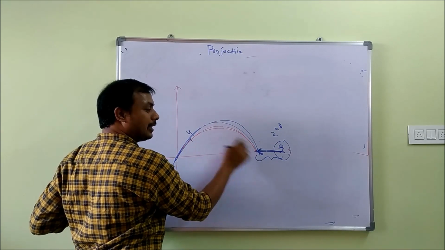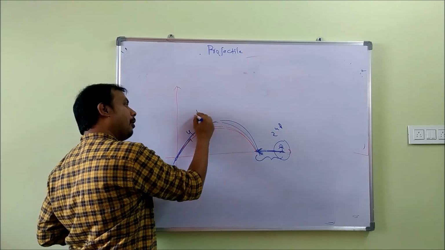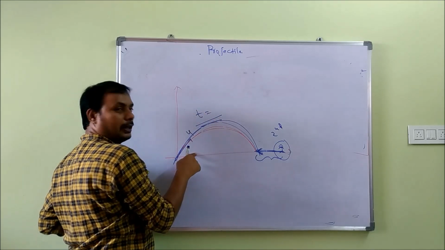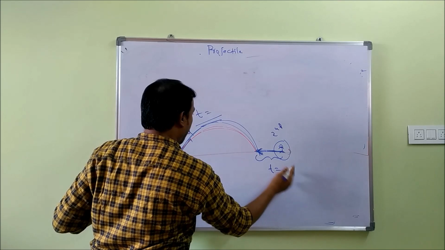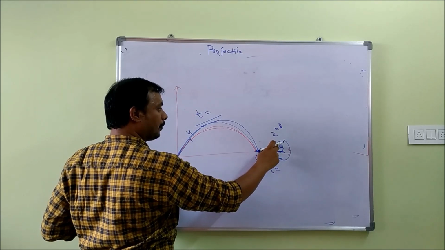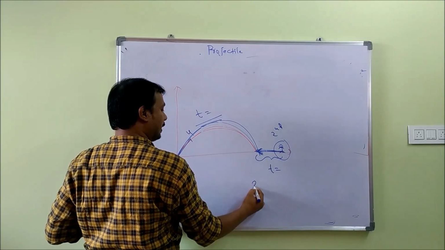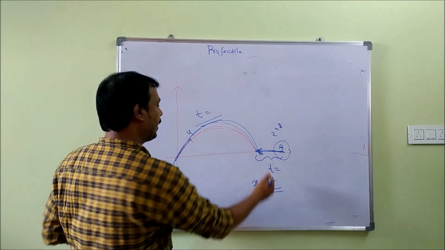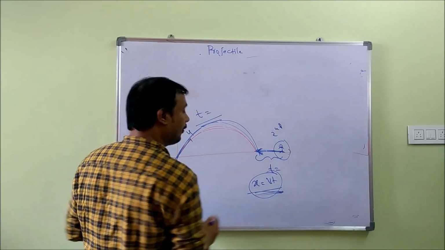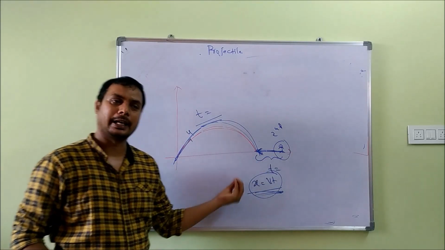So the time is the same. So calculate the time of flight for the ball, which equals the time traveled by the second player, and calculate the distance. Distance equals velocity into time. Then you will get how much distance is covered by the second player.